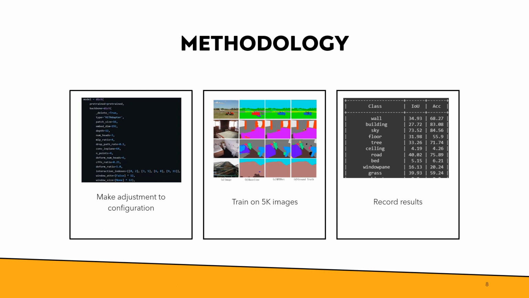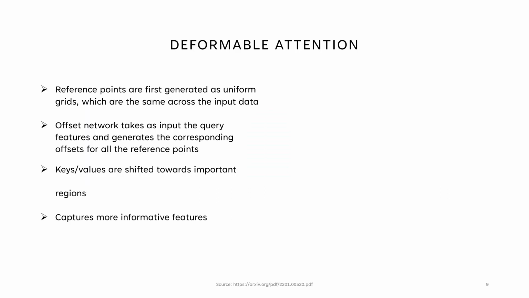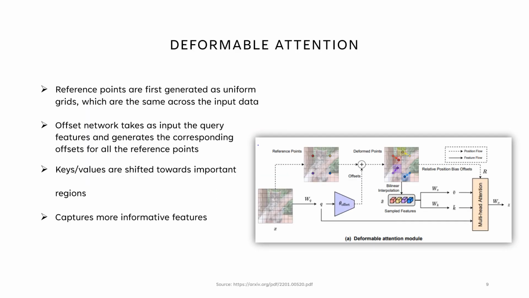Next, I will give a little background information on deformable attention, which is the first parameter that we'll look at. In a paper written by Shaw et al. titled Vision Transformer with Deformable Attention, they proposed deformable attention to mitigate the issues of high computation costs in creating feature maps with influence from relevant parts beyond regions of interest.